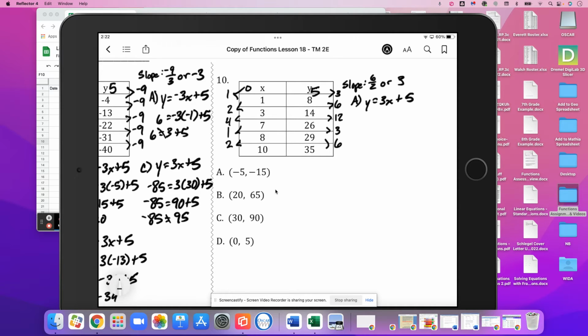And so we'll try our points. For A, negative 15 is equal to 3 times negative 5 plus 5. This is not going to work. Negative 15 is equal to negative 15 plus 5. Negative 15 is not equal to negative 10. So A does not work.